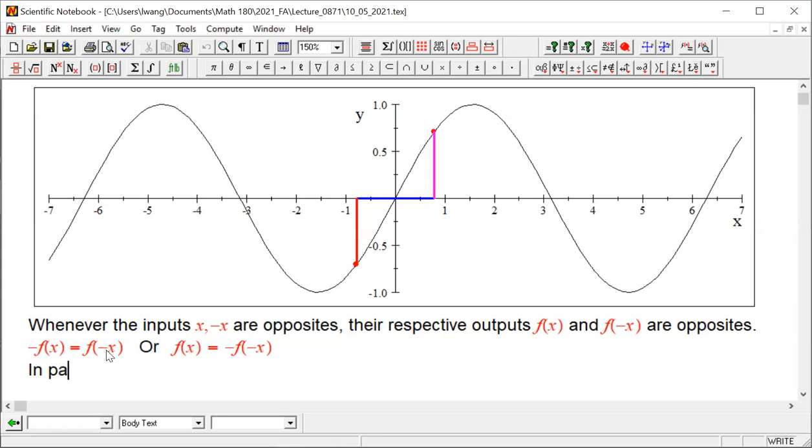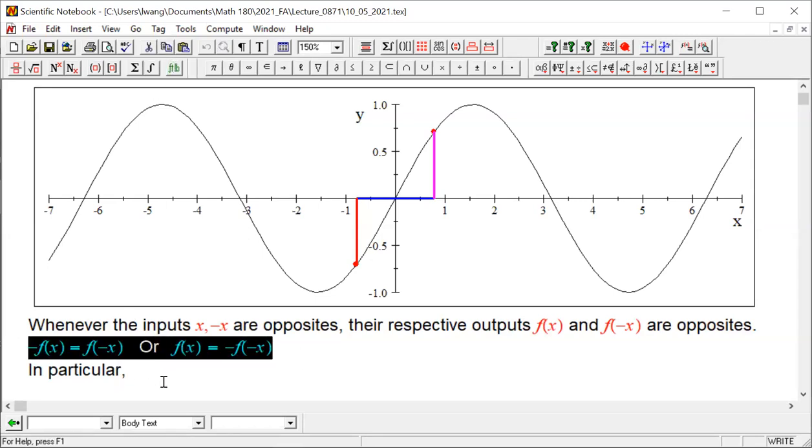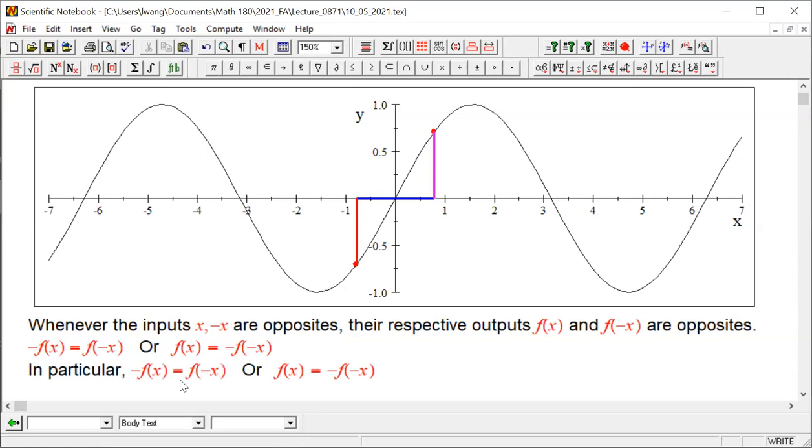But in particular, if I substitute f by sine, what will these two forms turn into? If f is sine, that's what it turned into.